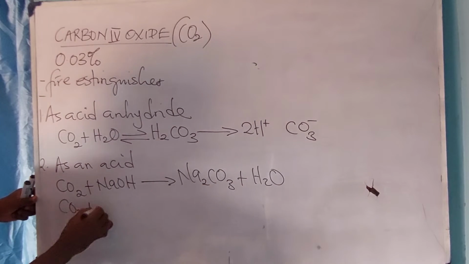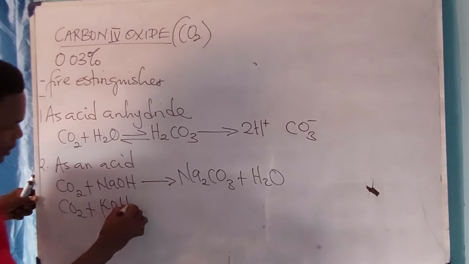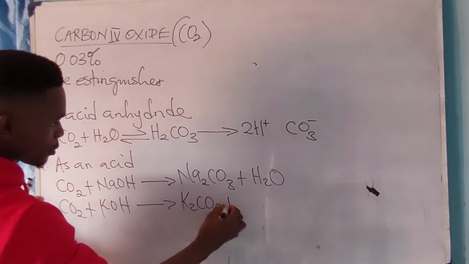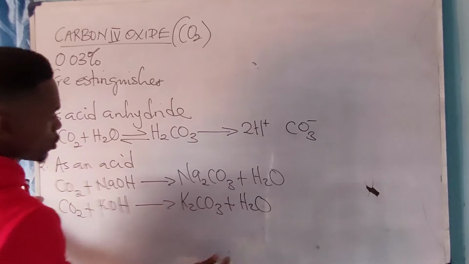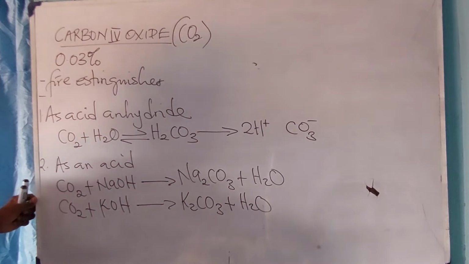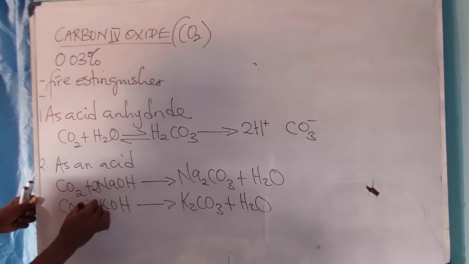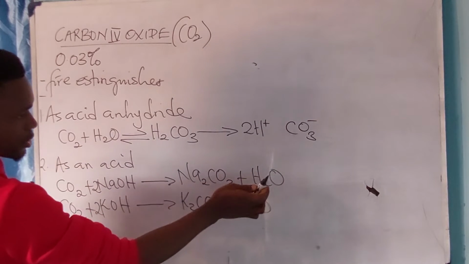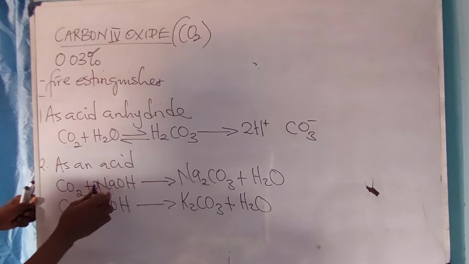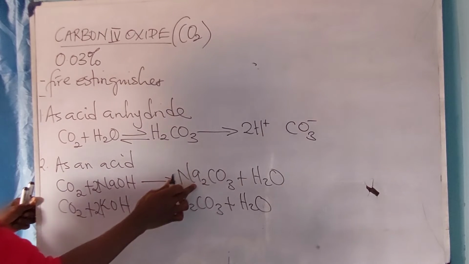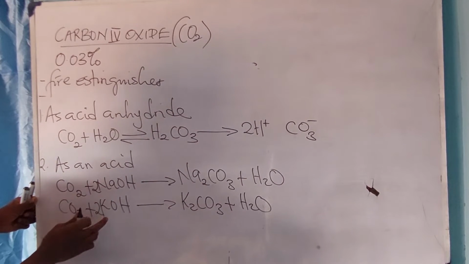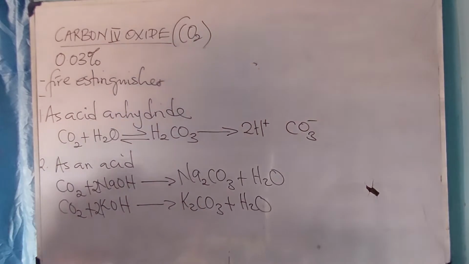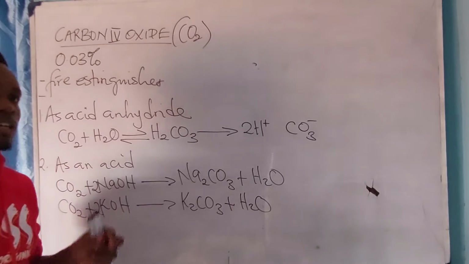So it can also react with this other base, and in doing that you have carbonate plus H2O. Is the equation balanced? I don't think so. I'll put 2 here. That is 4 oxygen, 2 hydrogen, 2 sodium, 2 potassium on each side. So it is balanced, which means that it can exist as an acid and also as a base.